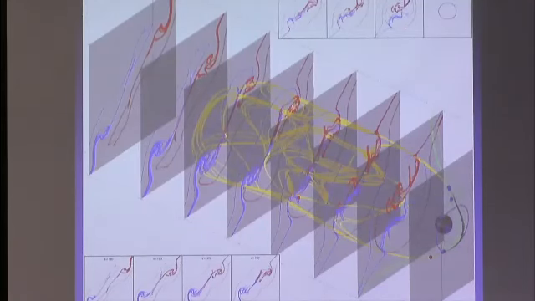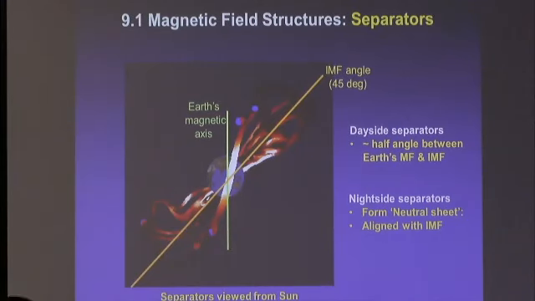Now note there's a particular angle to this here. It's all lying at about 45 degrees, which happens to be the angle of the IMF, the interplanetary magnetic field. So what we find is, this is the Earth's magnetic axis, this is the IMF, and the night side separators, which are behind this mess here, are angled basically with the IMF, and the day side are angled halfway in between the Earth's magnetic axis and the interplanetary magnetic field, which when you think about it is quite natural, but people never really thought about it like that before.